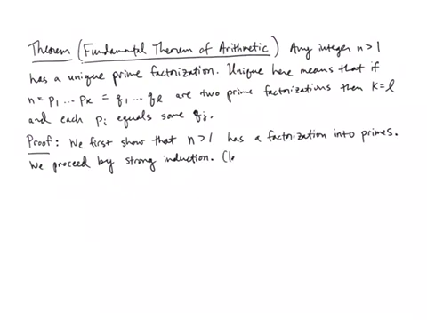So clearly, since n equals 2 is prime, we've established a base case. And any prime number is a product of primes. It's a product with only one thing in the product.